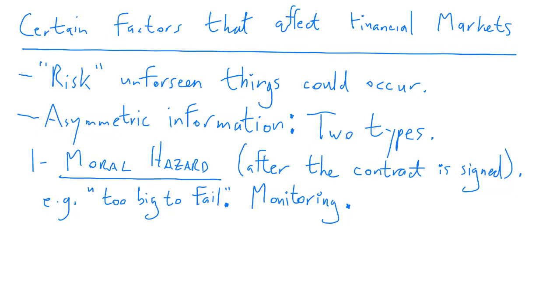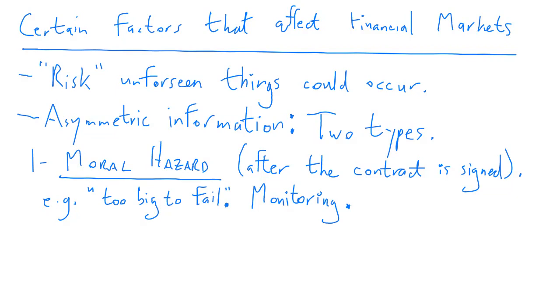Another example of monitoring is the following. Have you heard of a hedge fund? Imagine it's a bit like a bank. It takes money from individuals and then uses that money to buy different kinds of assets to try and generate profits.